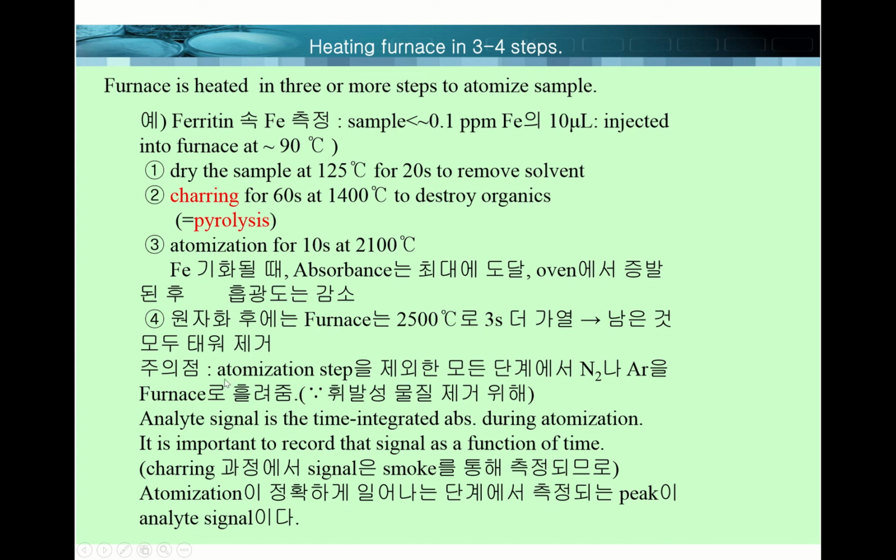Except for the atomization step, nitrogen or argon gas must flow through the furnace to remove the volatile materials. The electrical signal is the time-integrated absorbance during atomization. It is important to record the signal as a function of time.